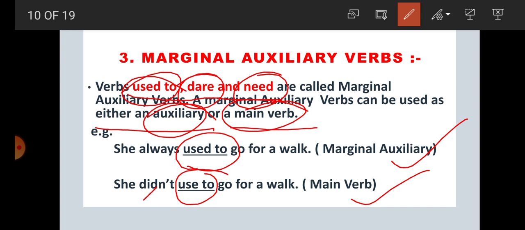So it is clear that in the first sentence, used to is used as the marginal auxiliary, and in the second one, used to is used as a main verb because did is the helping verb. That's why used to is a marginal auxiliary: it is used both as auxiliary and main verb.